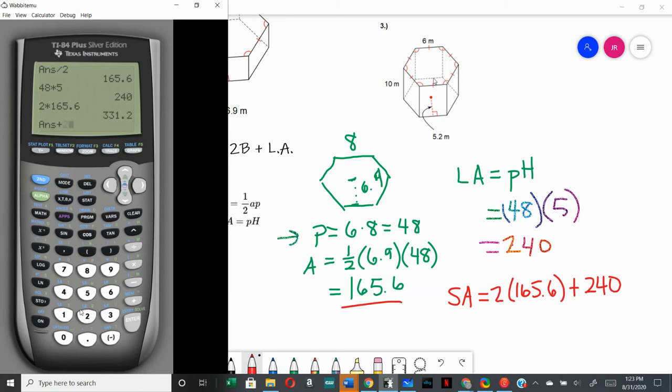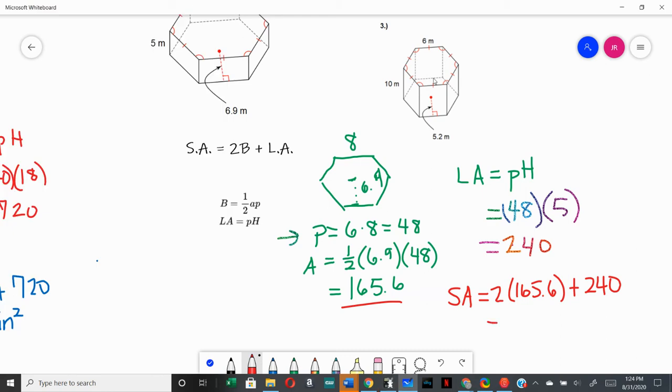Plus the 240. And that gives me 571.2. And don't forget my units here, which is meters squared. Don't forget your units.